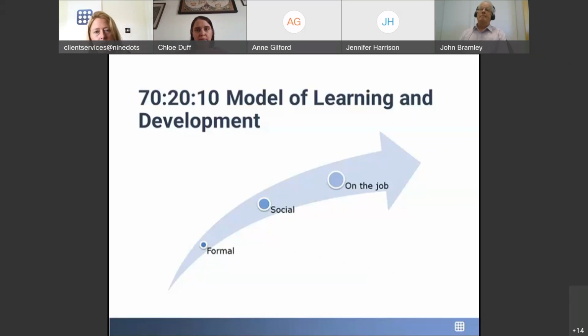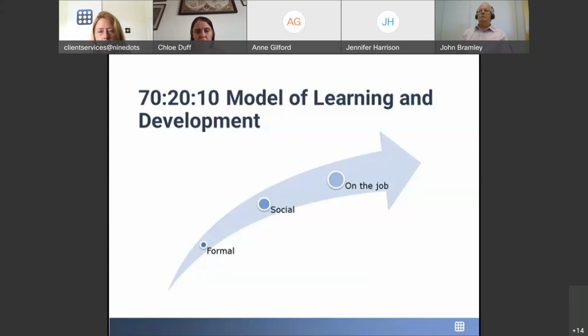So on-the-job learning now actually looks at 70% of learning that takes place. Okay, so actually things like while you're in the job, so it's things like you're learning through doing, challenges that you might have in the job as well, the experiences that you have, and then the personal reflection.